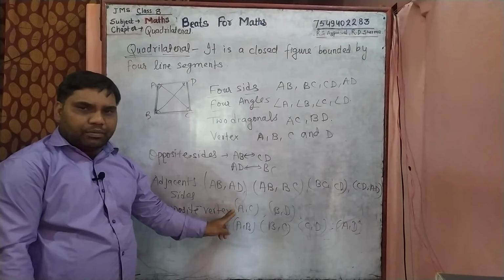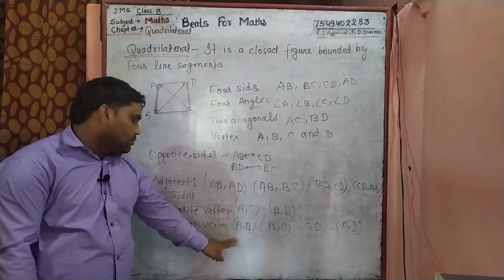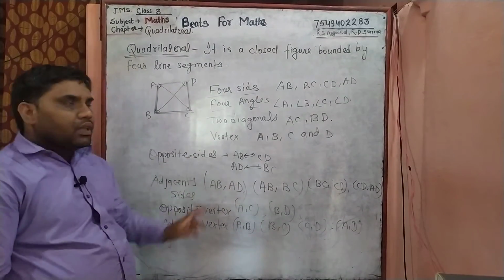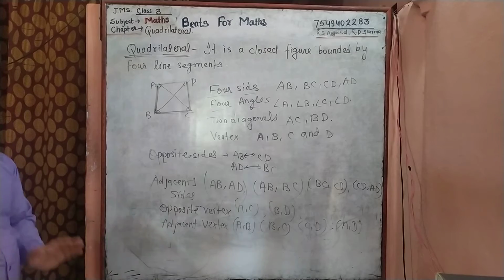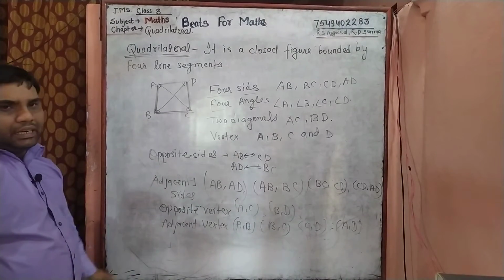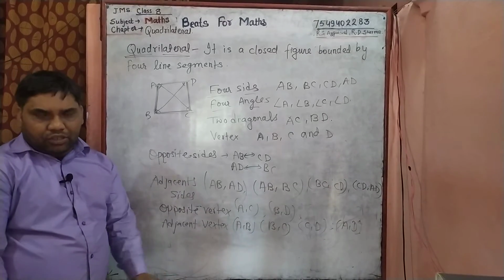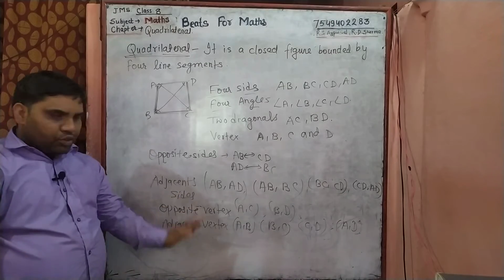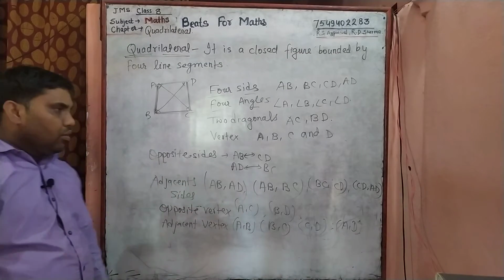These are opposite vertices, they are adjacent vertices. Opposite sides, adjacent sides. I hope you have understood what is a quadrilateral and what are the opposite sides, the components or parts of a quadrilateral, opposite vertices. Okay.